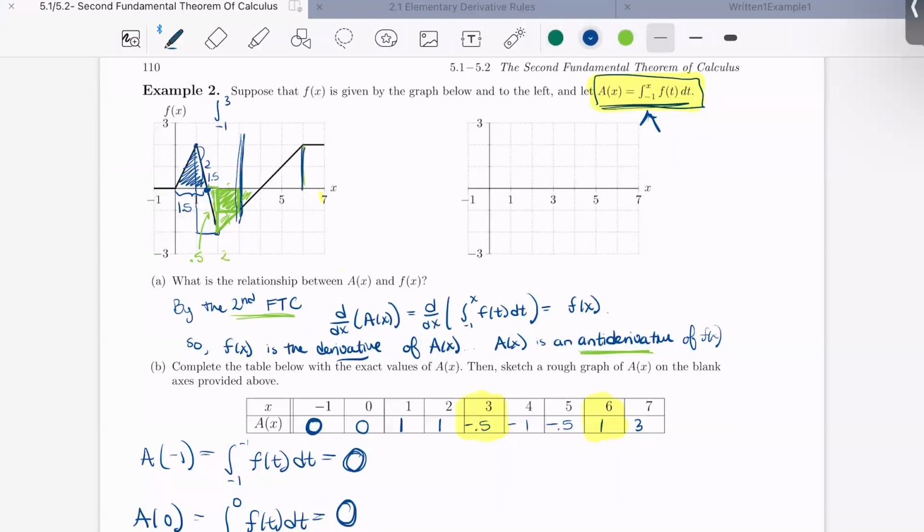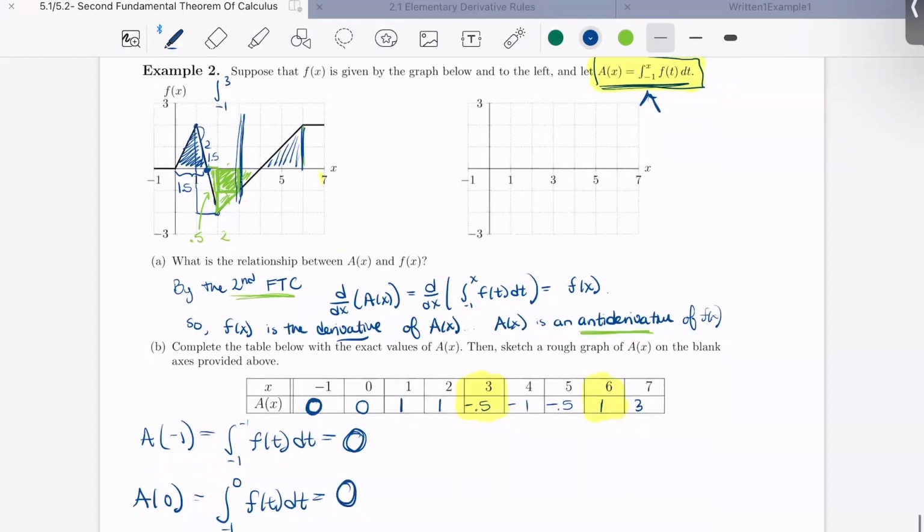So we can start with our value for A of 3, and then subtract now this little area of this triangle and add the area of this triangle. So the area of this smaller triangle is, again, a triangle of base 1, height 1. So that would be 1/2 times 1 by 1. Then the bigger triangle has a base of 2 and a height of 2. So just 1/2 times 2 by 2.